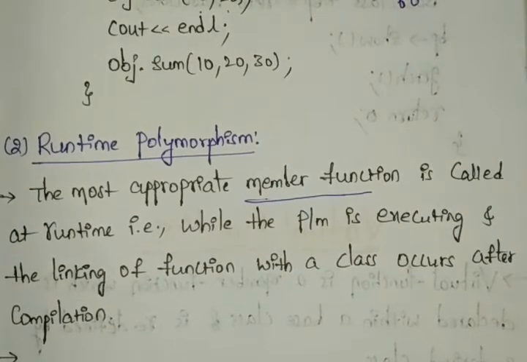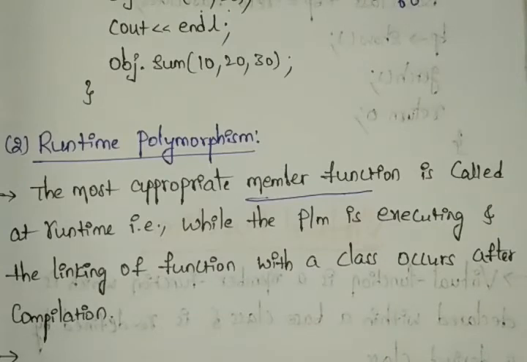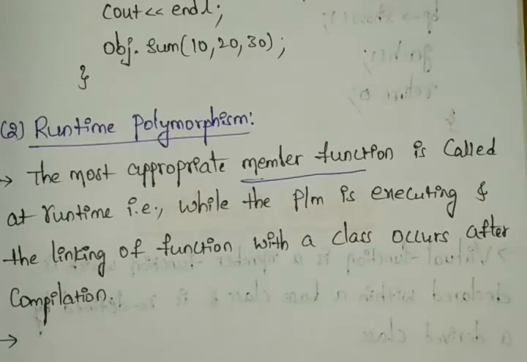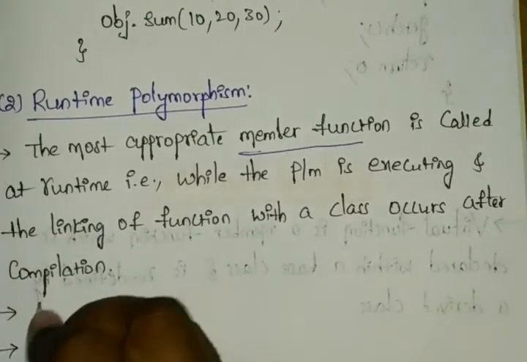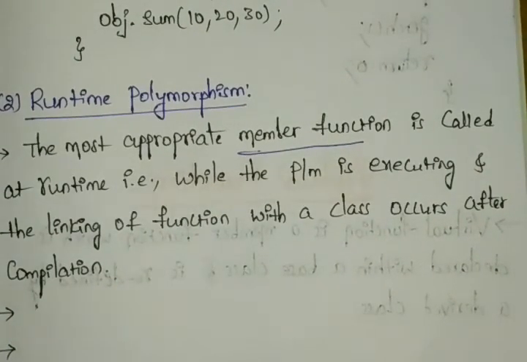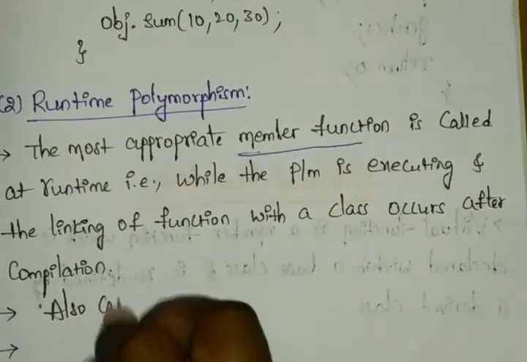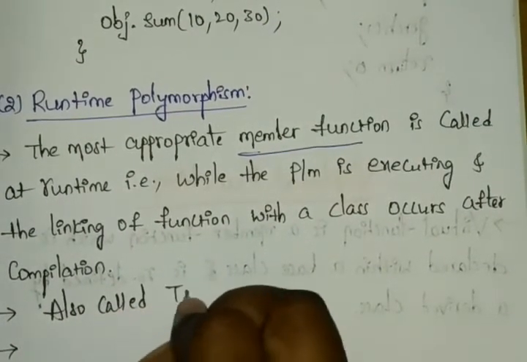At that time the member functions are executed, or you're executing the program in the runtime polymorphism manner. So runtime polymorphism is also called late binding.